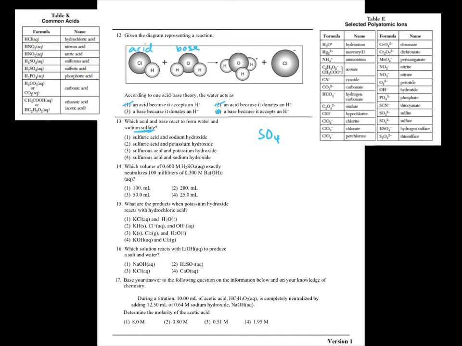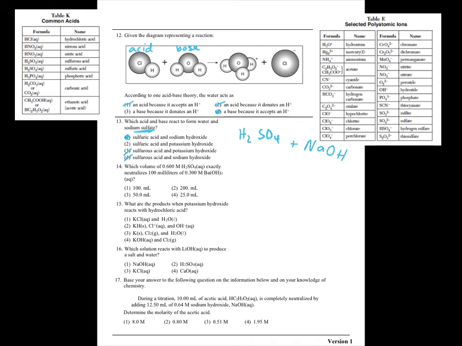So that means we could cross off anything with sulfurous. So 3 and 4 are out. So sulfuric acid, which is H2SO4, and we have here sodium, so we could combine it with sodium hydroxide, so that the Na and the SO4 make sodium sulfate, and the H2 and the OH will make more H2Os. And that is answer choice 1. There we go.